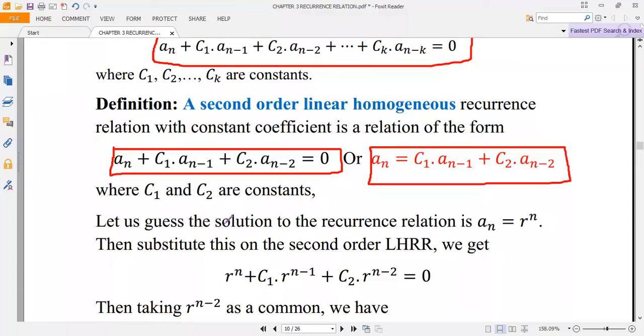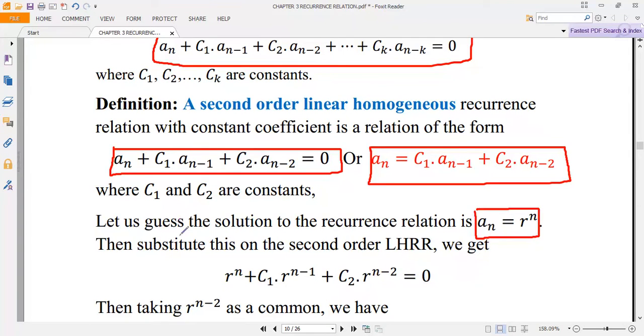Now, to find the solution to this second order linear homogeneous recurrence relation, let's guess a solution. Let's assume this one will be the initial guess to the solution.